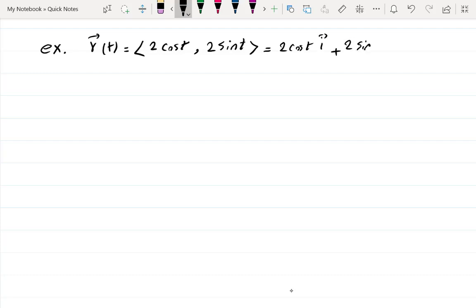Look at this example. r of t is equal to 2 cosine of t, 2 sine of t in brackets, or we can show it by i and j, 2 cosine of t i plus 2 sine of t j.